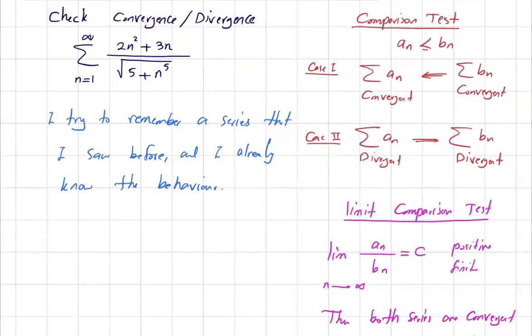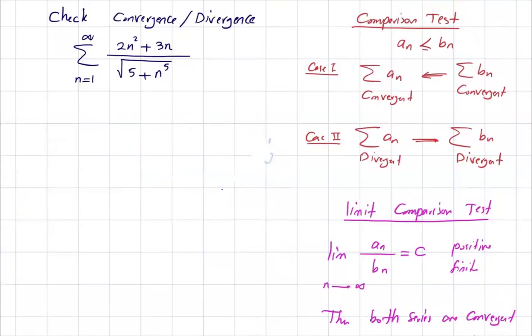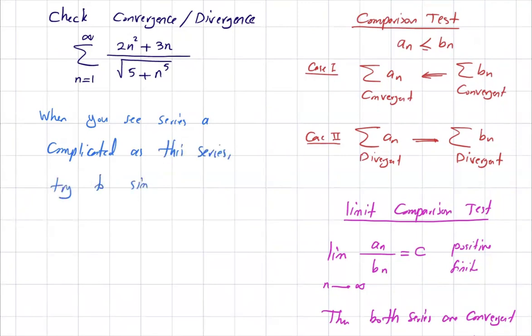When it comes to series like this, general terms like this, try to simplify them. So when you see a series as complicated as this series up here, try to simplify it.